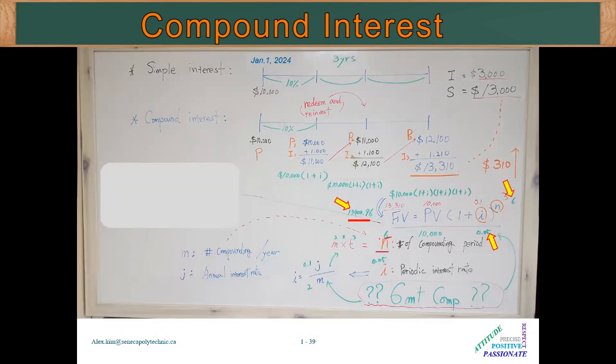n is 3 years of 6-month periods, so total 6. i, each compound period's interest rate, was 0.1, but this time it's the 6-month interest rate, so 0.05. This is just a letter we assigned, m and j.